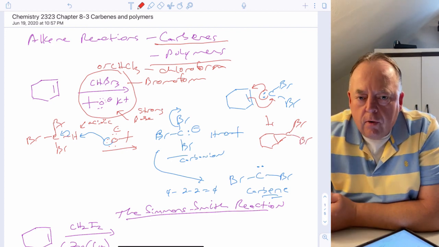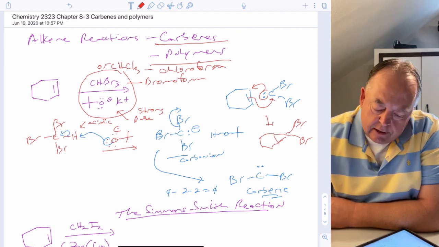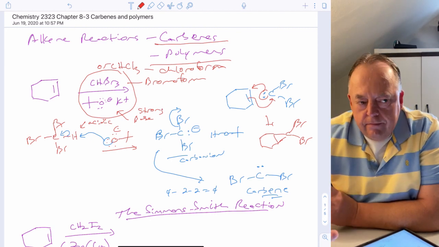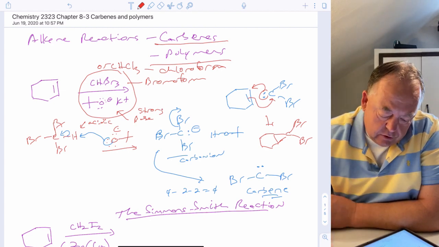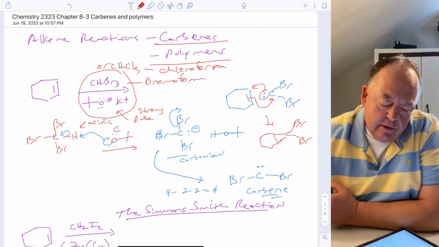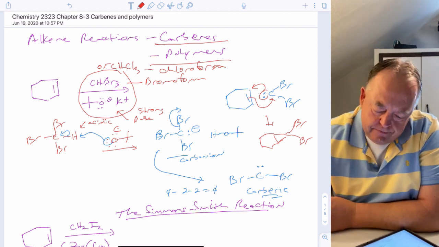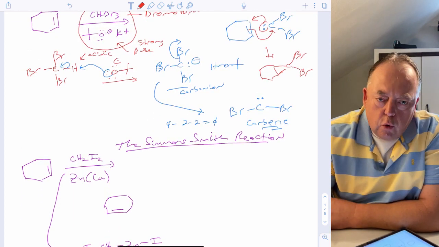So you make a cyclopropane in this reaction. In general, cyclopropanes are not very stable, right, because of a lot of angle strain, so they're difficult to make. So that will be one reason why this is an important reaction in organic chemistry, because it's a way to make cyclopropanes. And there are ways to get rid of the 2 bromines or the 2 chlorines if you wanted to.